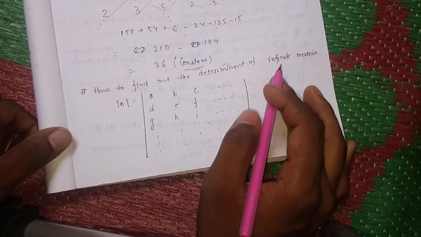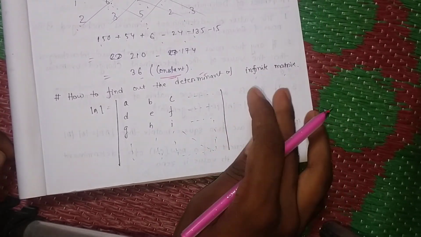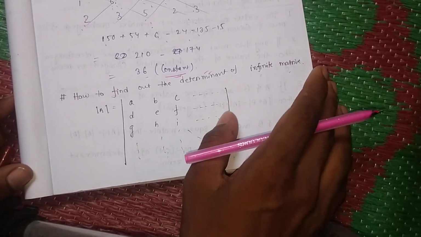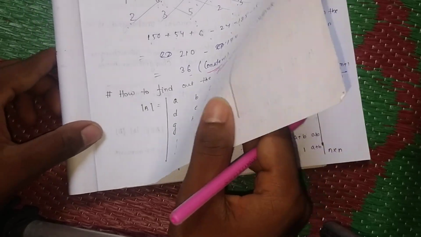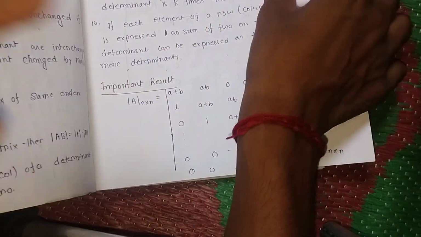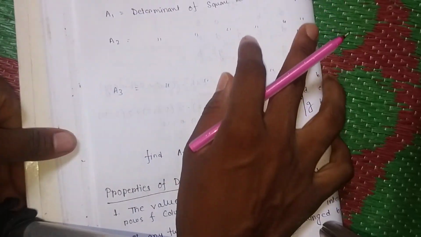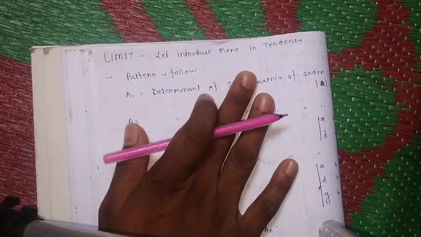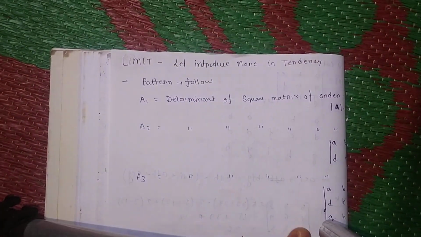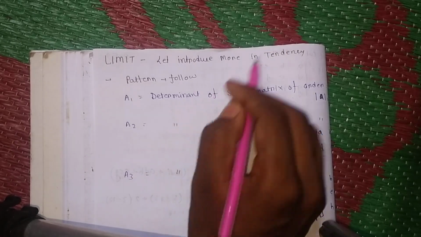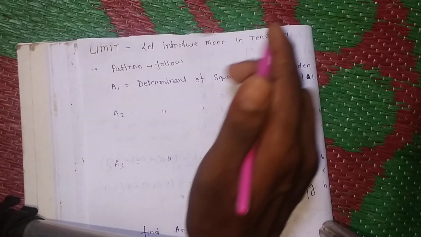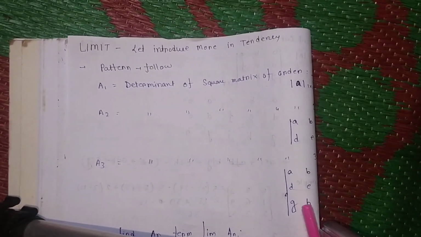Now, how to find the determinant of an infinite matrix? Is there any method or shortcut method to find the value of an infinite determinant? Yes. You have to see some pattern.